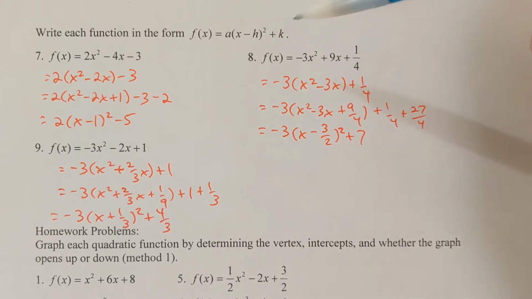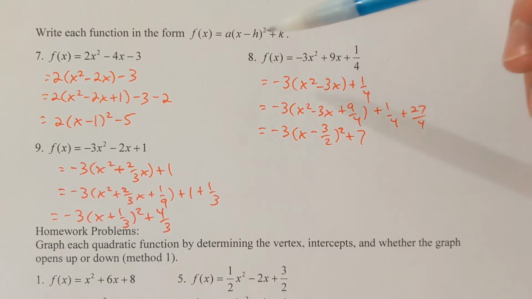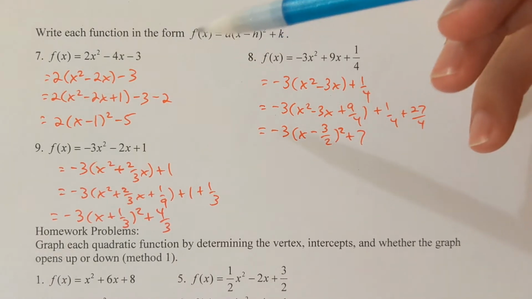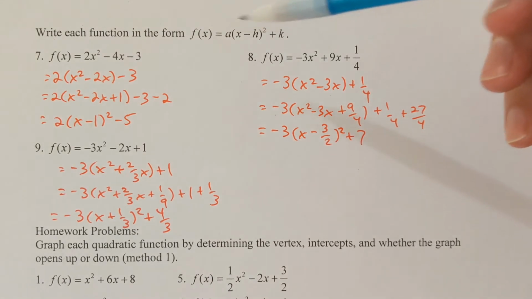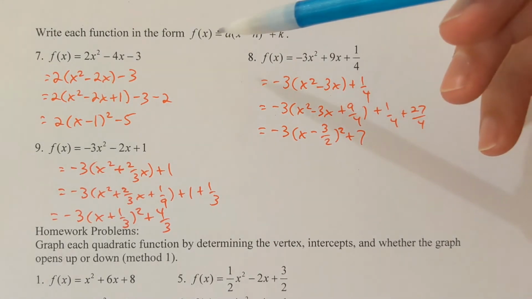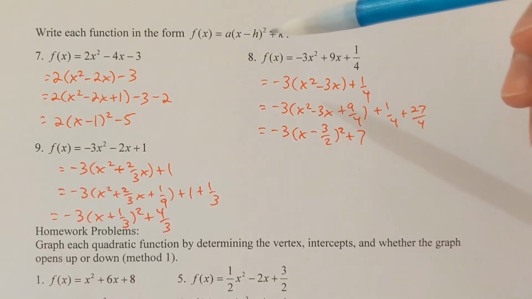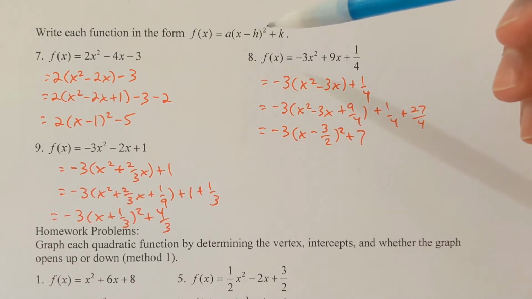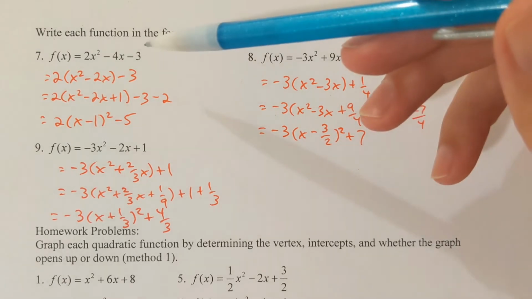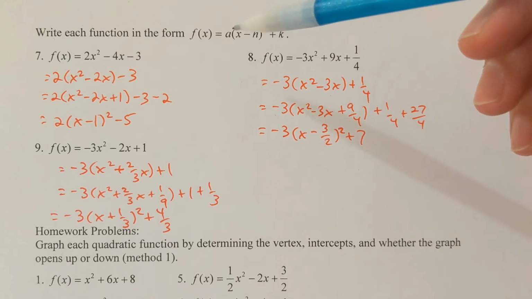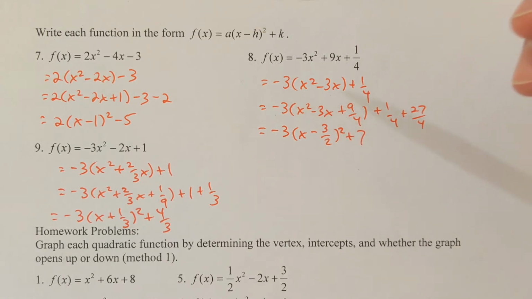And step 7, f of x is equal to 2x squared minus 4x minus 3.